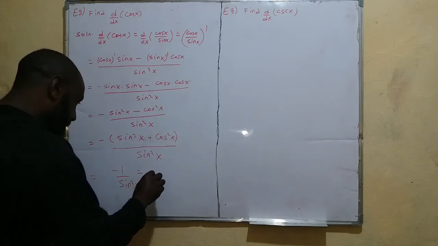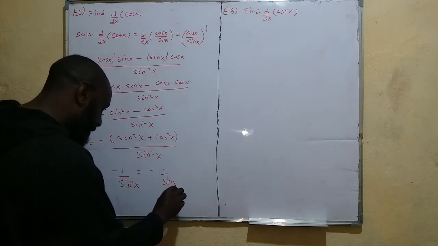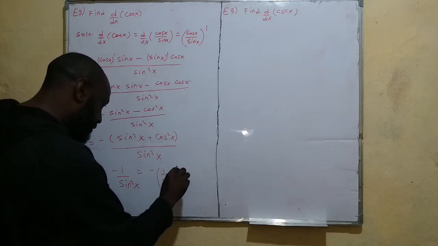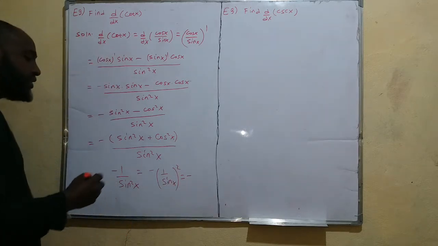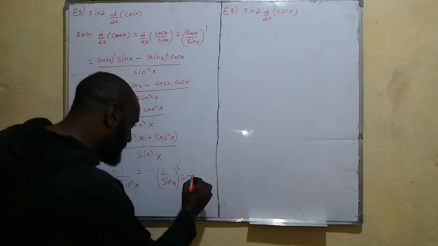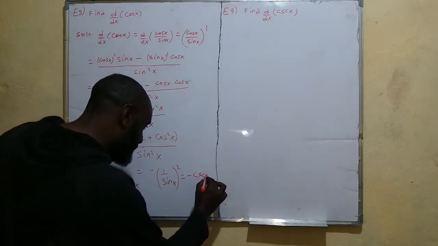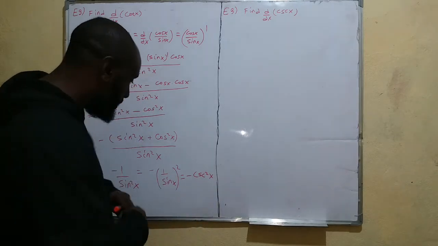But this is simply minus 1 over sin x, the whole square. 1 over sin x is cosec x. So this is minus cosec square x.